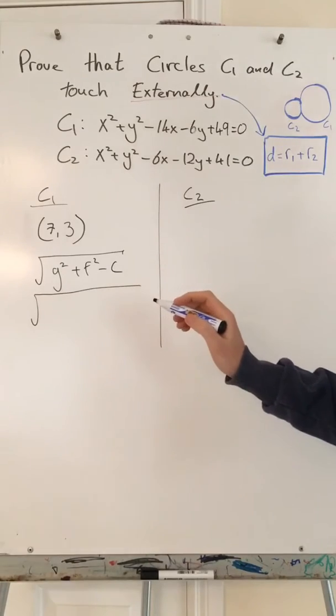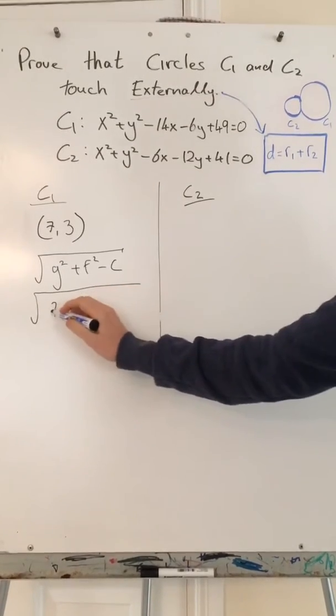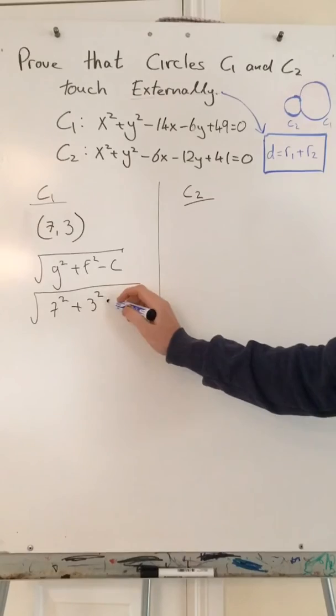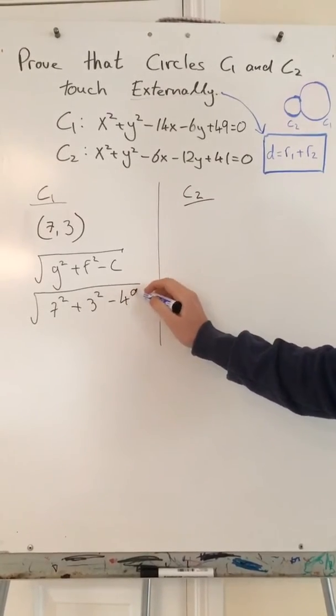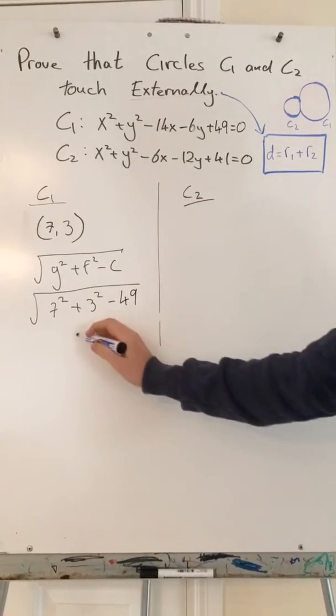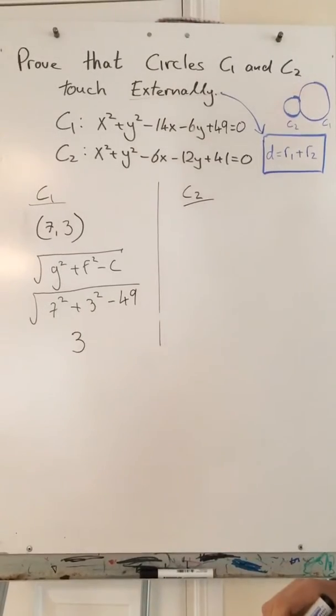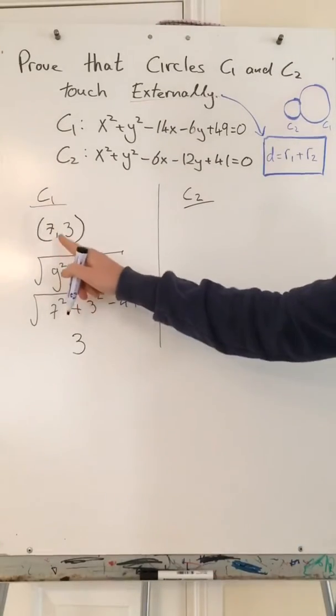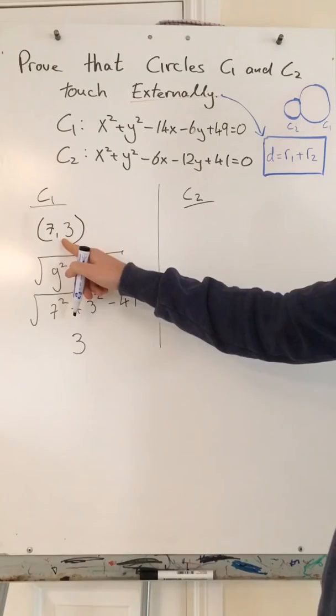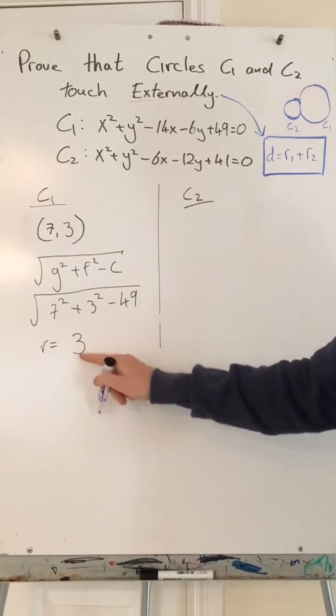If we fill that out, we get 7 squared plus 3 squared minus 49, and I have this done out already. The final answer there is 3. So C1 has a center of 7, 3, and a radius of 3.